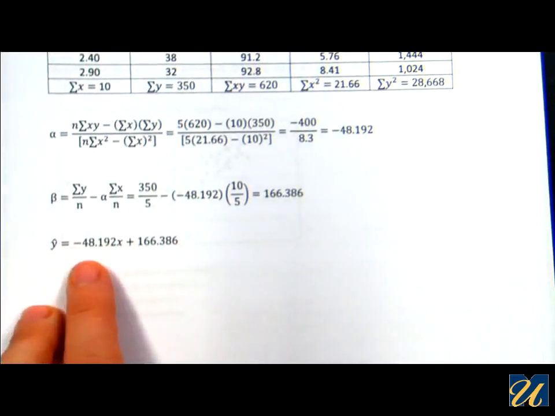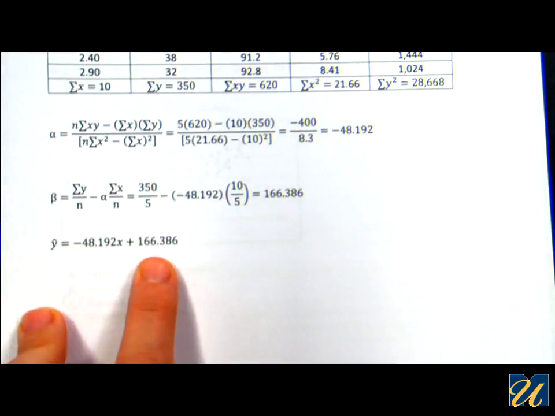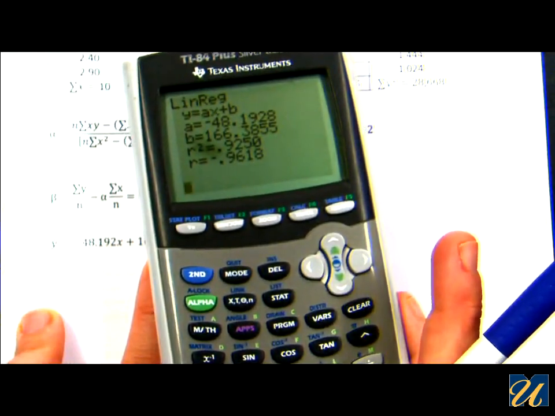So if you were to use your formulas, you have the solutions here. Given the slope and the y-intercept, the equation to predict y would be negative 48.192x plus 166.386. You can easily figure that out with your graphing calculator as well.